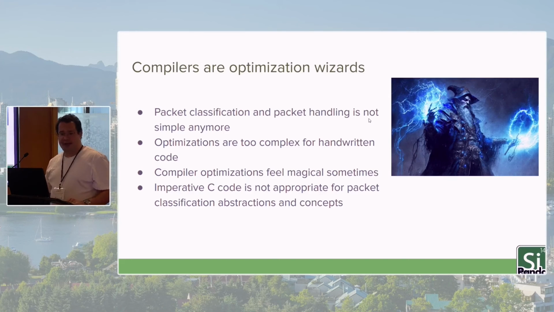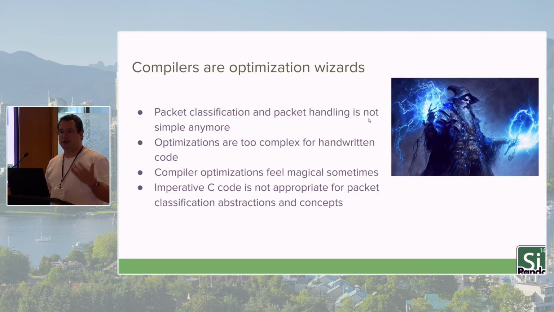And compilers can feel magical on the optimization sometimes. They do optimizations that are not obvious when looking at the problem directly. And imperative C code is not appropriate for packet classification abstractions and concepts.